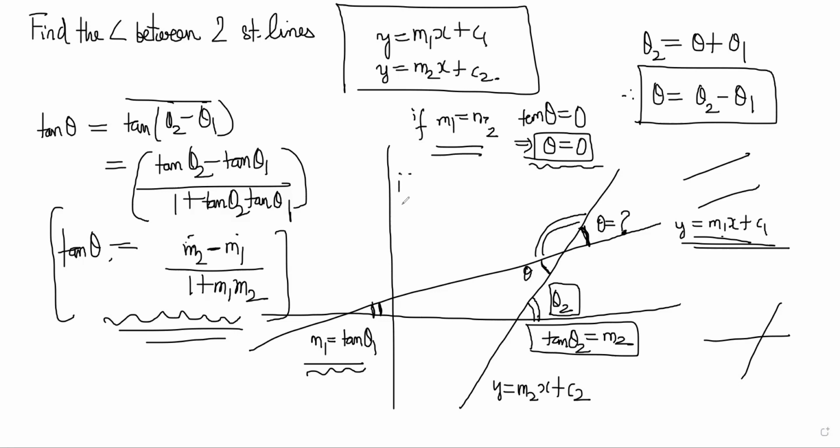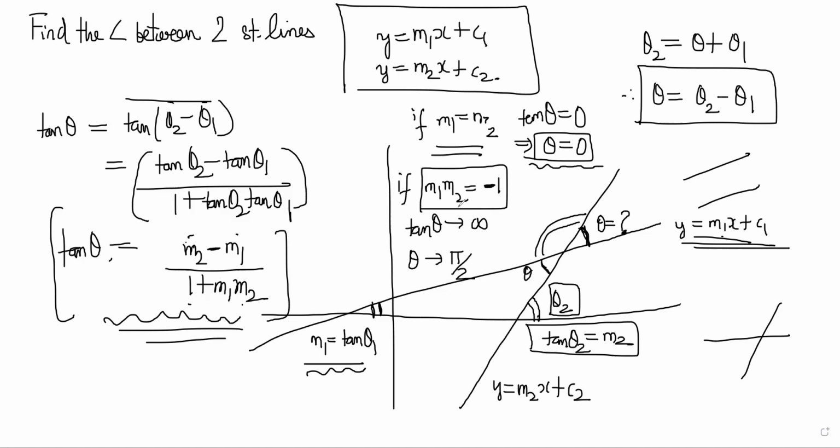And if m1 m2 is equal to minus 1, then 1 plus m1 m2 is 0, so the denominator becomes 0. Therefore tan theta tends to infinity, and we know theta is pi by 2, since tan 90 tends towards infinity.